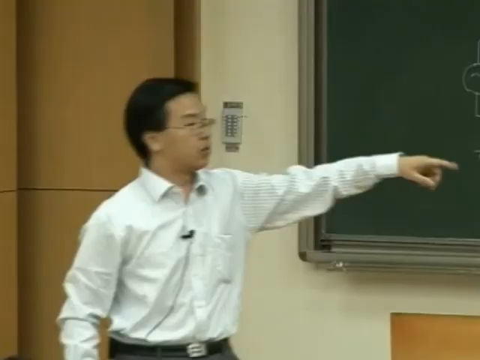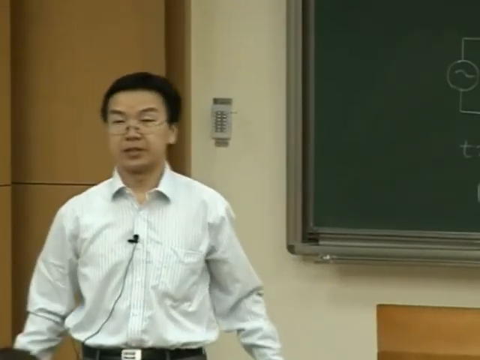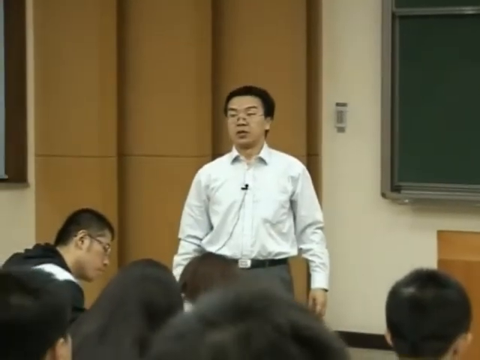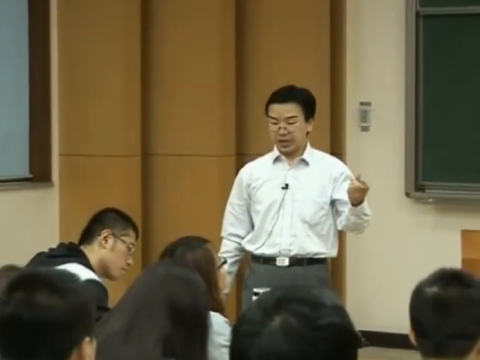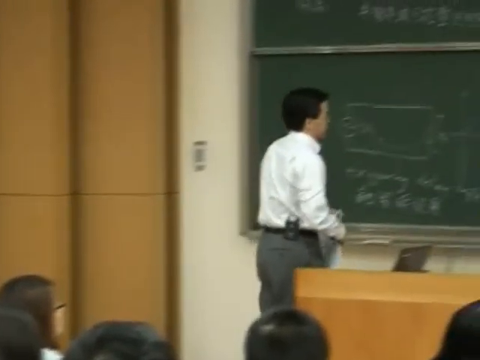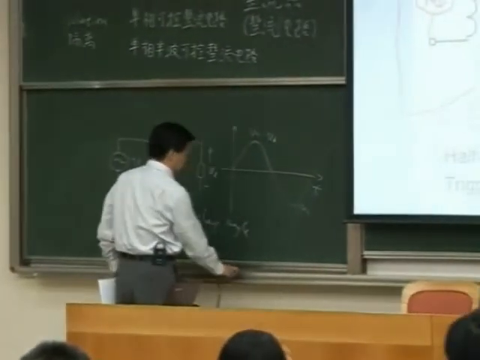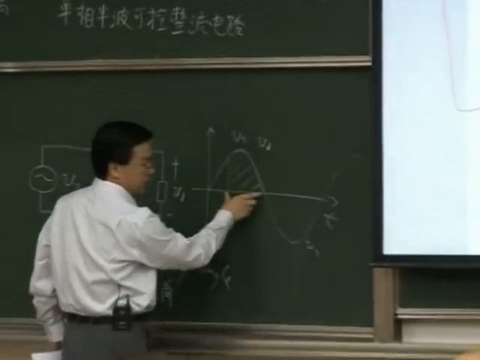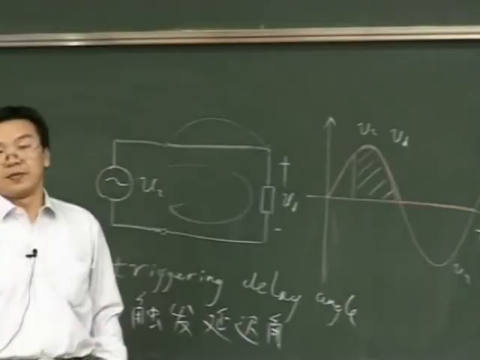It's just delay angle or firing angle. It's all about the same thing, referring to the same thing. So by changing this angle, we can actually control how much voltage will be appearing on the output side.